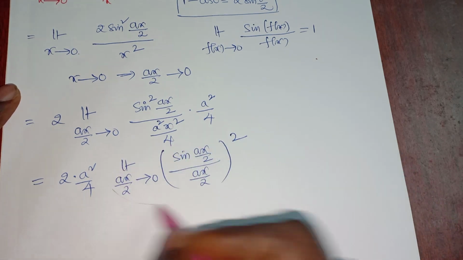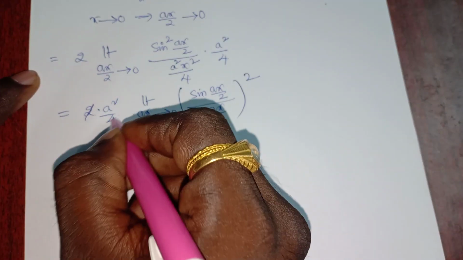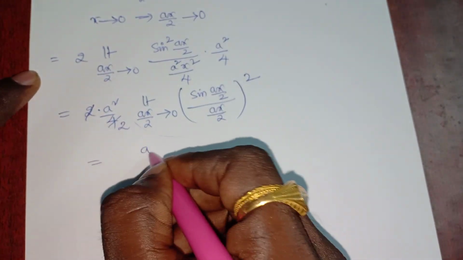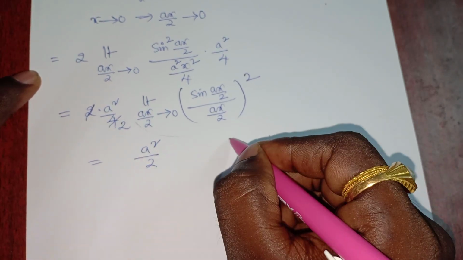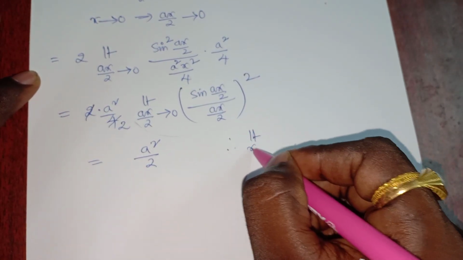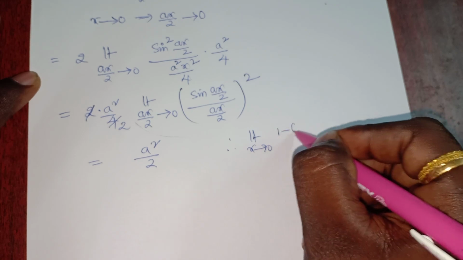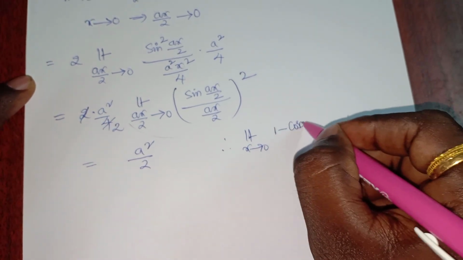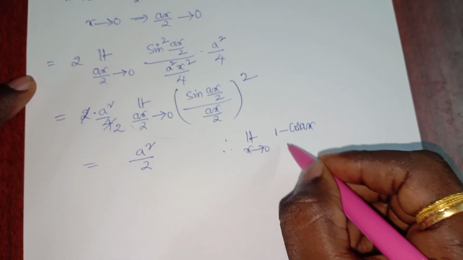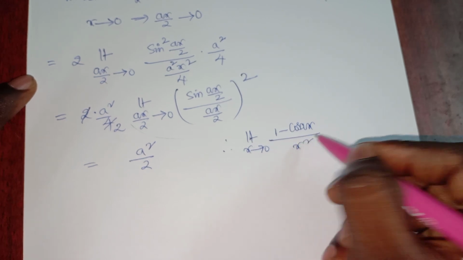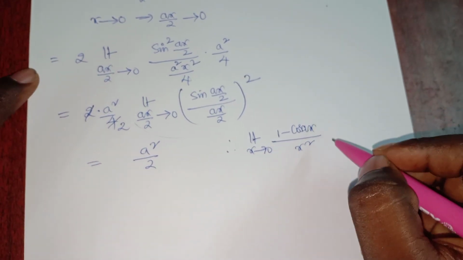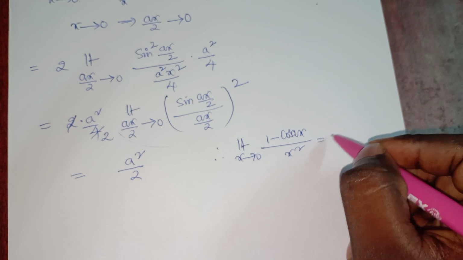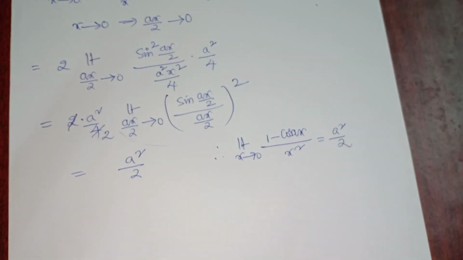So this complete result is equal to 1, and 2 ones are 2, which means a square by 2. So limit x tends to 0, 1 minus cos ax by x square is what? a square by 2.